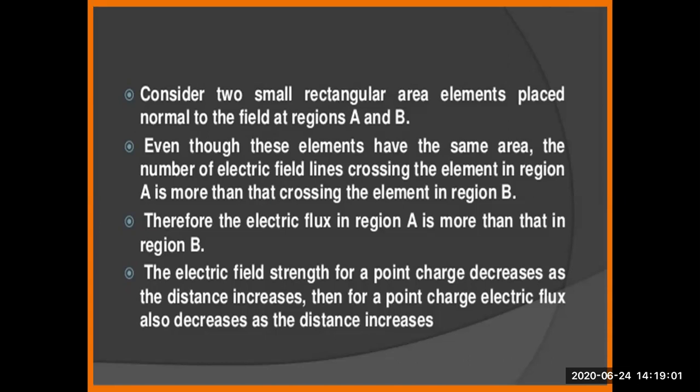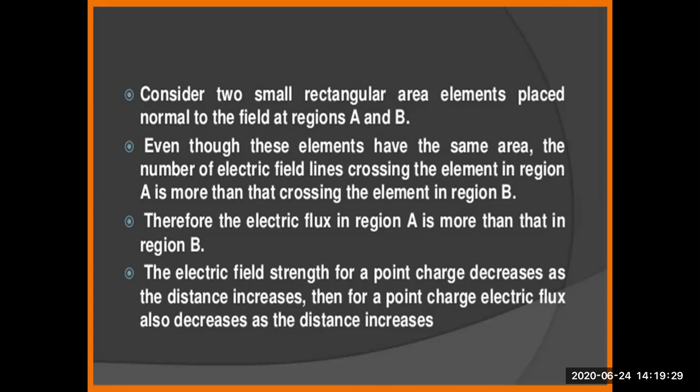the element in region B. So this is the first observation: the area is the same, but their distance from the source charge is different. One is nearer to the source charge and one is away from it. So the electric flux depends on this: near the point charge, for the same area, you get a greater number of electric field lines.